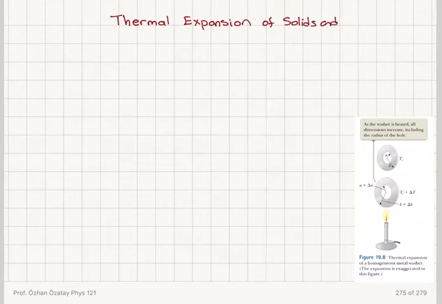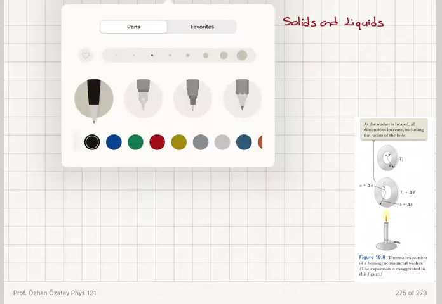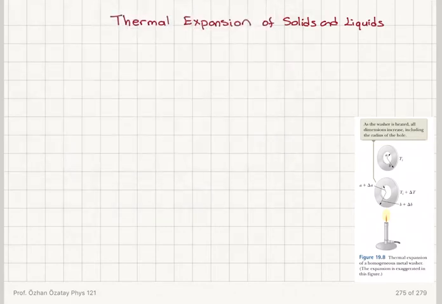And as a result of that, we can see that the dimensions of the objects increase. So most materials go through a thermal expansion process. There are some exceptions in certain directions we will talk about.